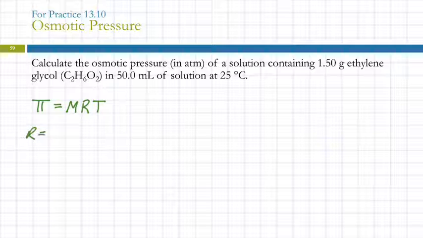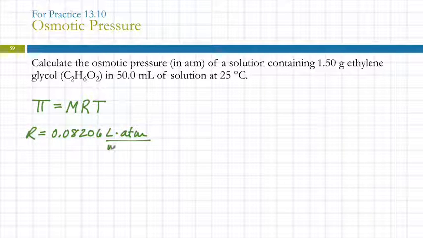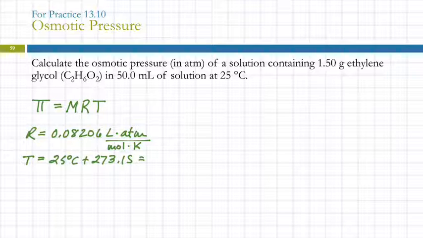We know what R is, liter atmospheres over moles times kelvins. And the temperature, 25 degrees Celsius, we add 273.15 to get the Kelvin, 298.15 Kelvin.